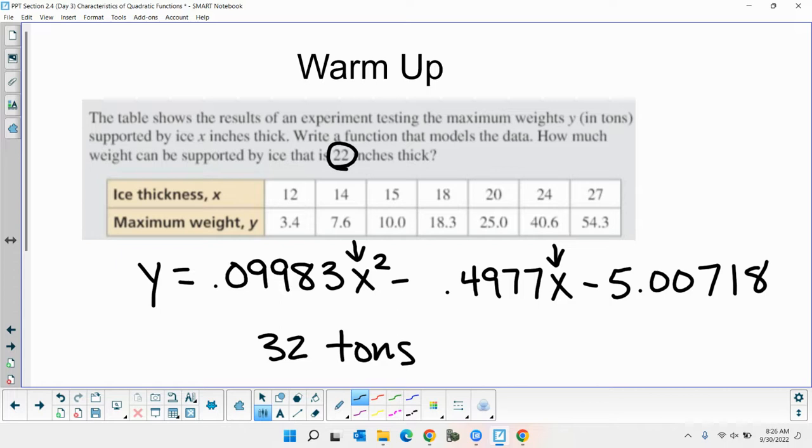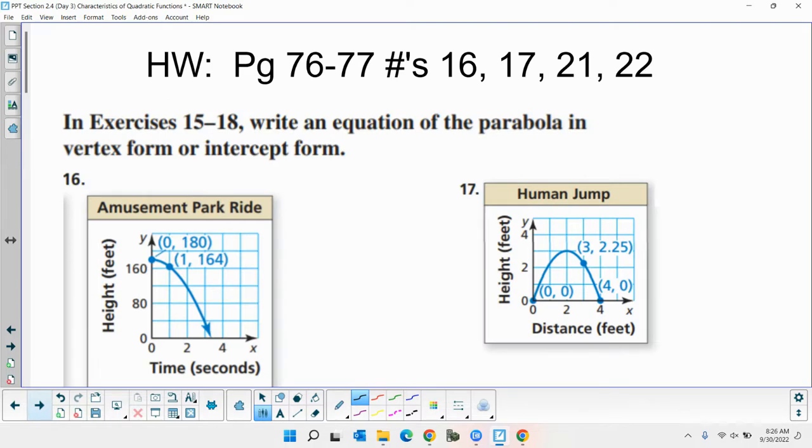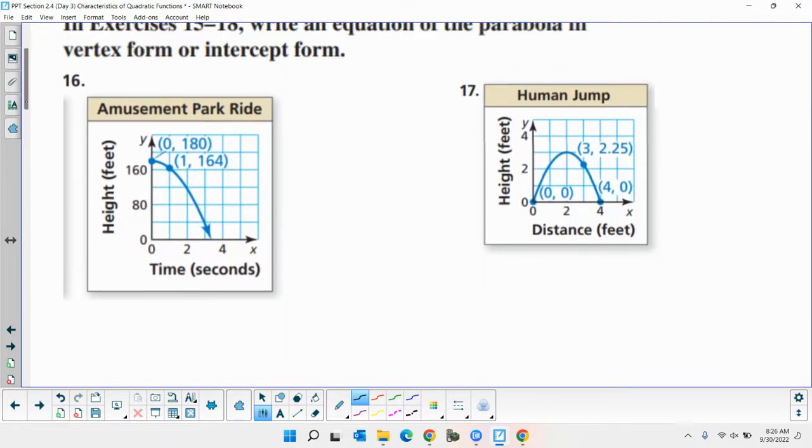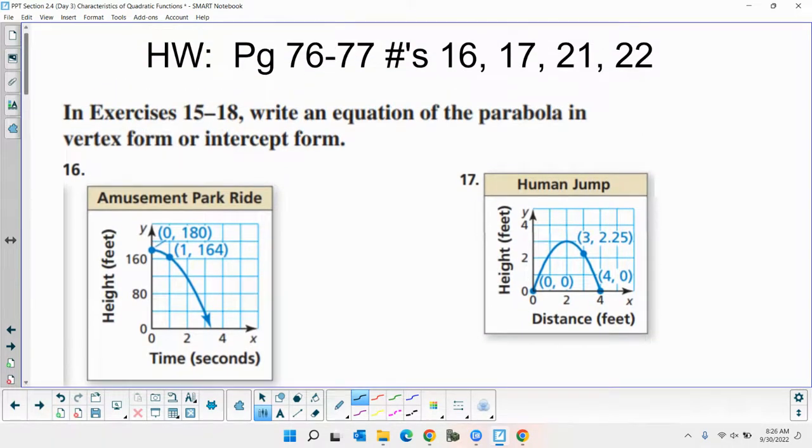Is anybody having calculator issues? Working fine? Okay. Any questions on 16 or 17? Those were like the night before. This one gave you the vertex and a point. And this one, 17, gave you the x-intercepts and a point.